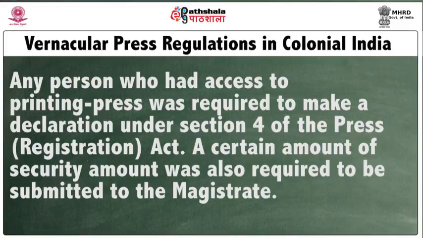A certain security amount was also required to be submitted to the magistrate. The initial amount set was Rs 3,000, which was deposited in respect of any printing press for a period of 3 months from the date of declaration.